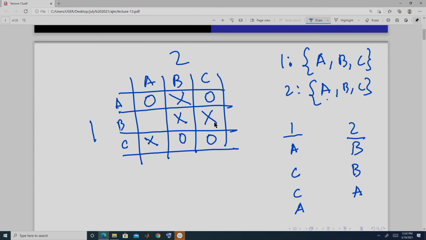So, there is only one position left, and it will be here. So, this is C, and then again it will place at B. So, in this game we cannot find any winner.